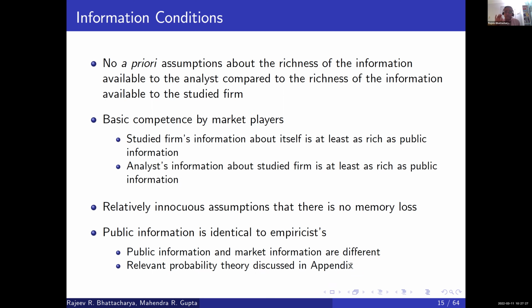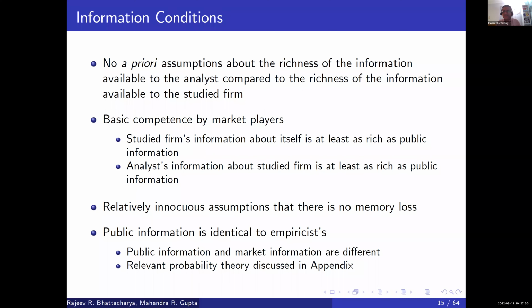This is public information, not necessarily the same as market information, because market information is something we can never really observe. We also make the relatively innocuous assumption that there is no memory loss. Some of the quasi-rational economists will probably argue with us about it, but that's empirical work. We need to have this assumption.